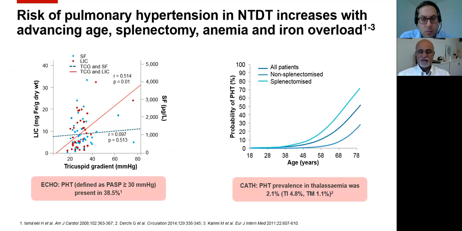Another important vascular complication is pulmonary hypertension, and the pulmonary hypertension increases with age, in those splenectomized, in those who are anemic, and in iron overload. So you have here two studies. The one on the left is the one that we did in Lebanon that shows that pulmonary hypertension is associated with an increase in LIC and serum ferritin.